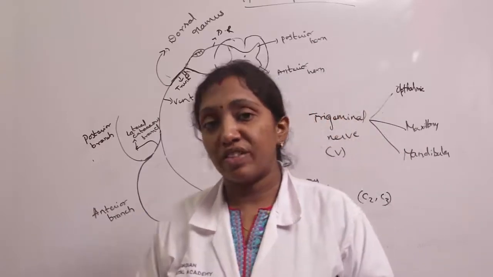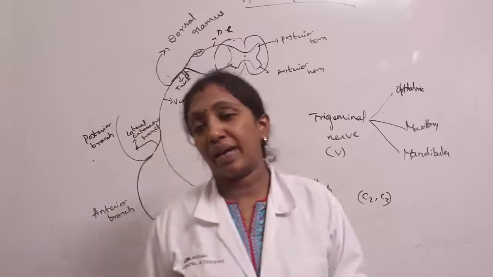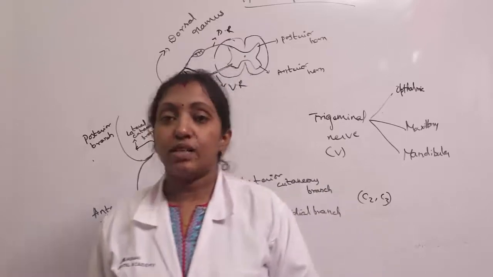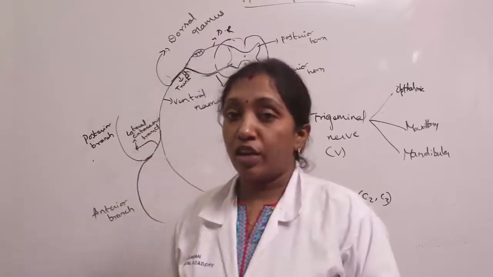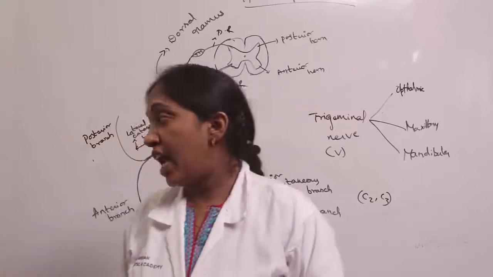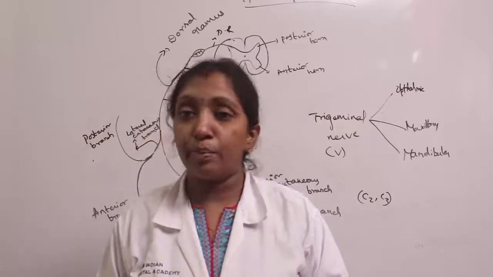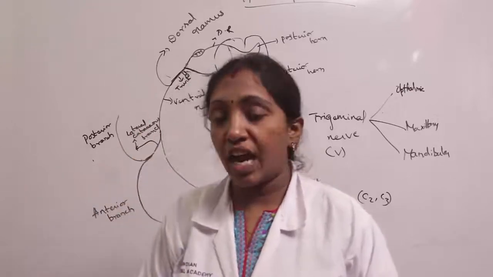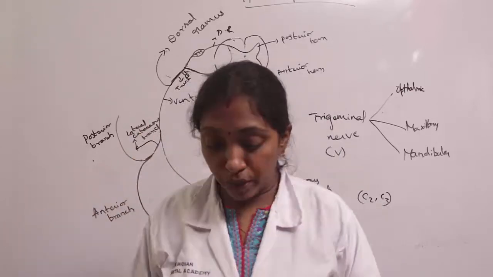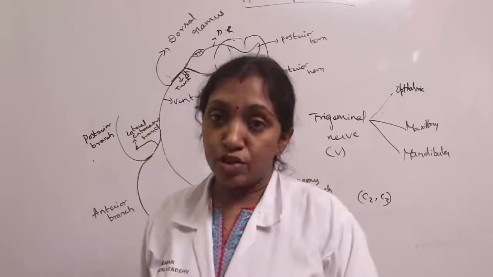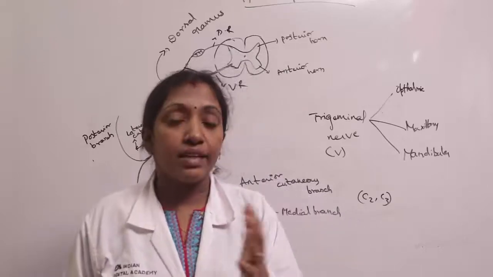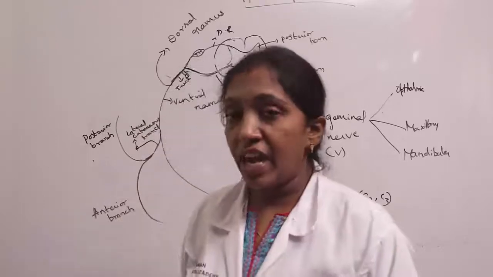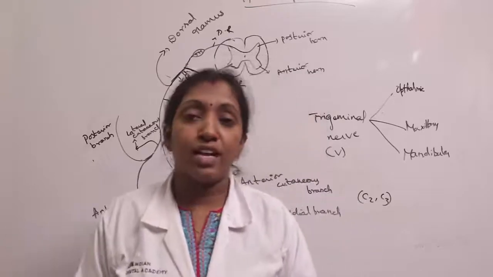Coming to the blood supply of the scalp, it is by 5 arteries: the supratrochlear artery and supraorbital artery, and the next ones are the superficial temporal, posterior auricular, and occipital arteries. In front of the auricle, 3 arteries are there. The supratrochlear artery is a branch of the ophthalmic artery, which in turn is a branch of the internal carotid artery, and the supraorbital artery is also a branch of the ophthalmic artery.